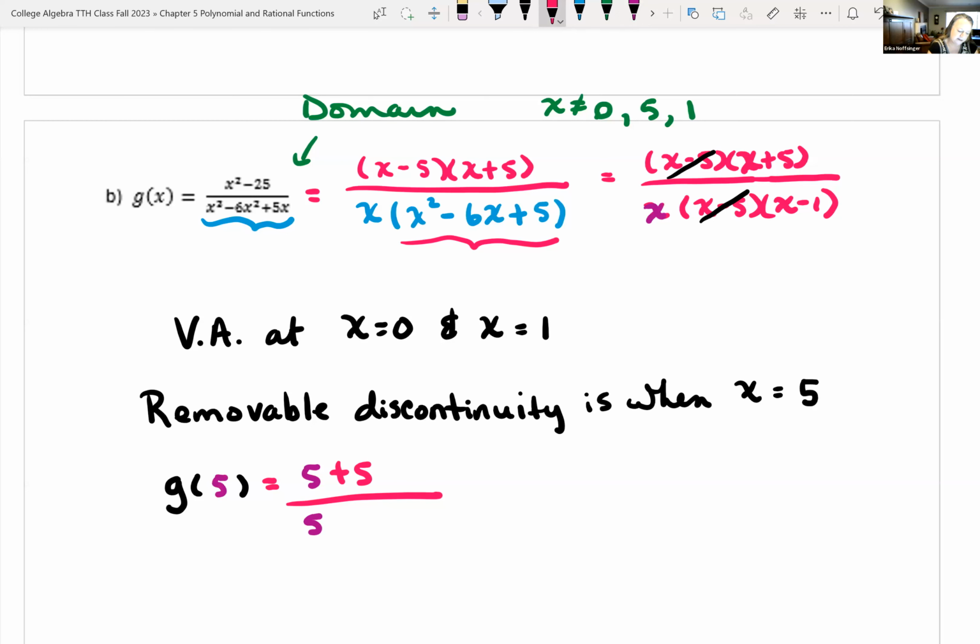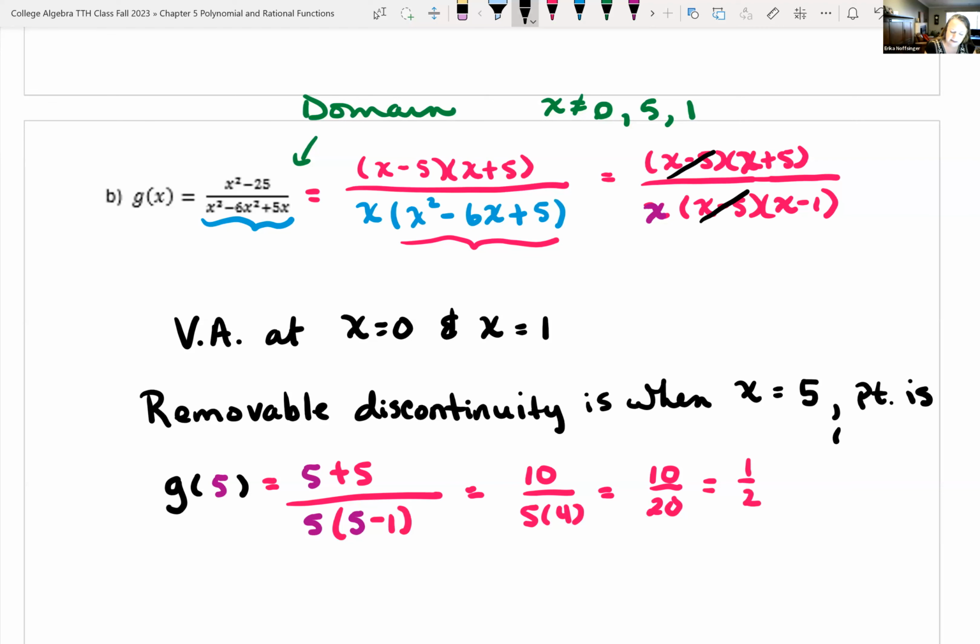And then we have parentheses 5 minus 1. So in our numerator, we have 10 all over 5 times 5 minus 1 is 4. So 10 over 20, which reduces to 1/2. So our removable discontinuity is when x equals 5, and that point is (5, 1/2).